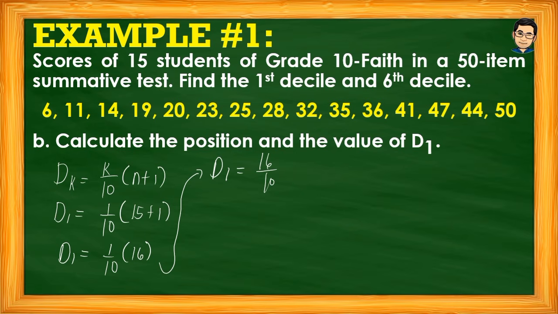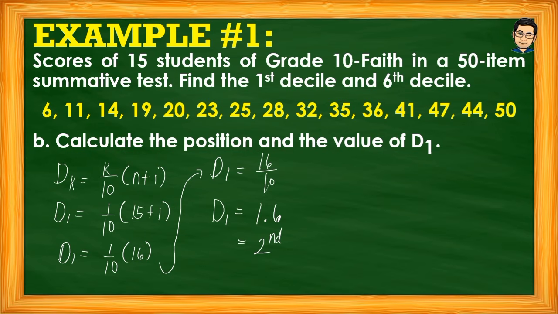Okay. And then, i-divide natin yung 16 sa 10. Ang value niya is 1.6. So, since i-round up natin siya, magiging 2. So, we're looking for the second score, the second data. Yun po yung value ng D sub 1.